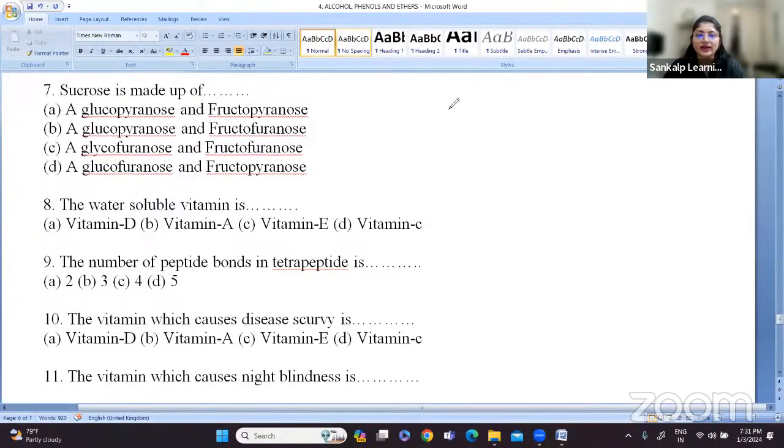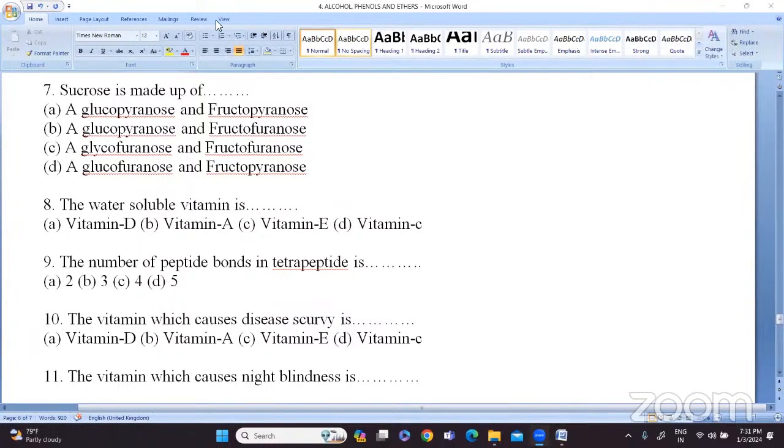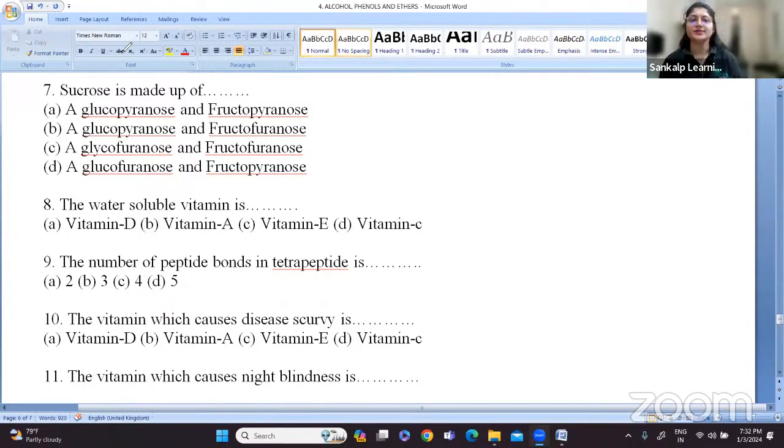Vedvati and Priyanka have answered it as B. Netravati has answered it as C. Swati has answered it as B. Okay, we'll see what is the answer. Before that, what is a peptide bond, students?